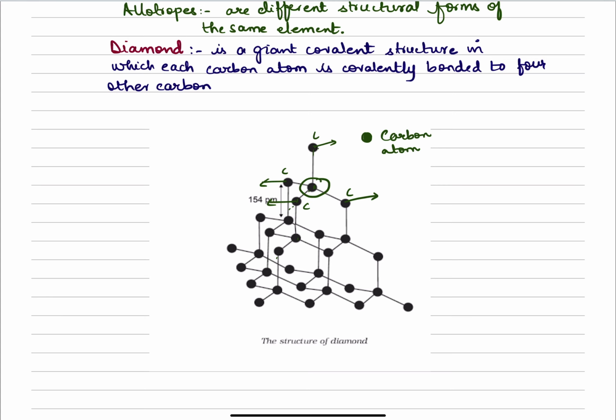If you see the middle carbon, it's bonded to 4 other carbon atoms, and this is a tetrahedral arrangement. It's like a tetrahedron, like that.